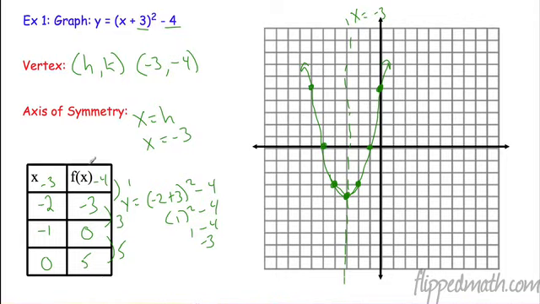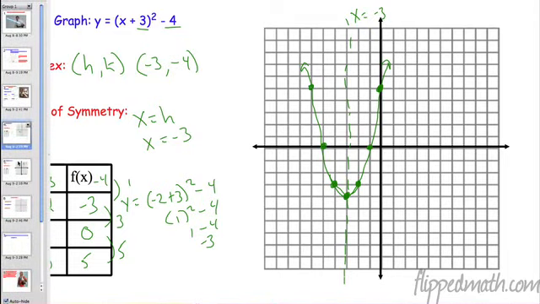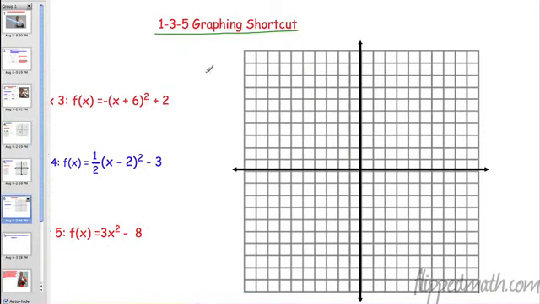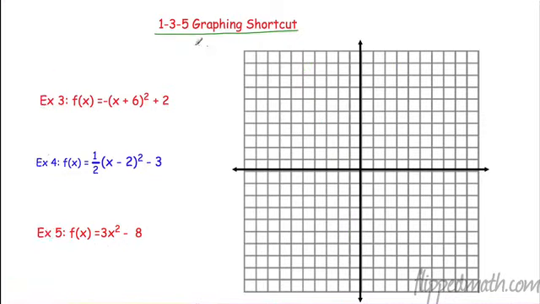All right? So our rule is this. The rate of change, so to speak, goes up 1, then up 3, then up 5. Now this correlates when A is 1. And we'll talk about what happens when A is not 1 in a second.